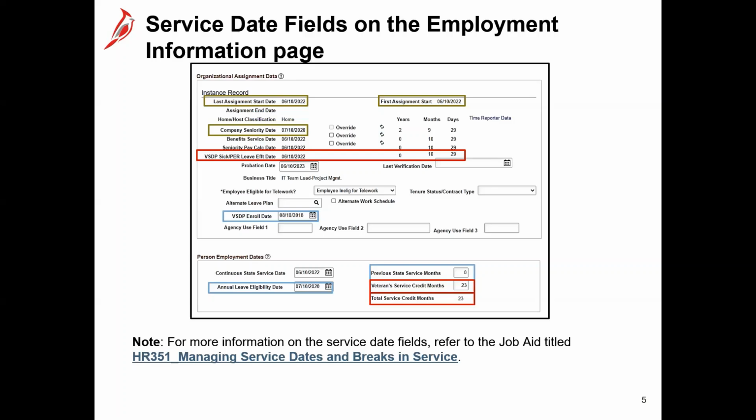It's a required field when the previous state service months field over here on the right, and the veteran service credit months fields are used, okay? The field right under. Otherwise, there will be a PeopleCode error upon trying to save without populating the annual leave eligibility date, okay?